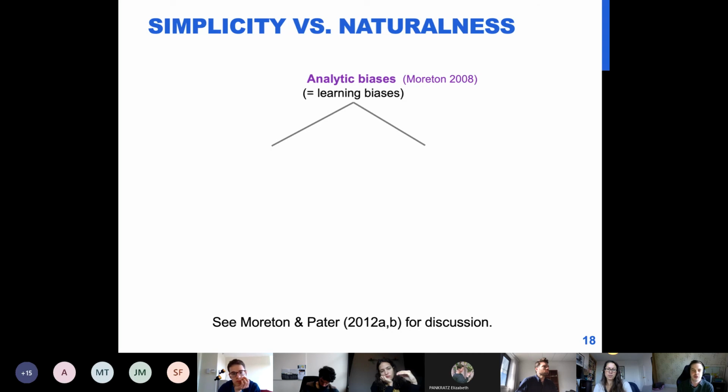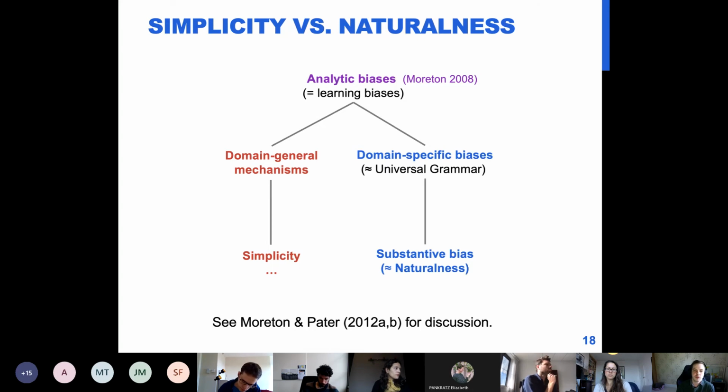That basically just means learning biases. And there are 2 big categories here. We can have domain general mechanisms. That would be the simplicity bias, and a lot of other things would fall under that category as well. And we would have domain specific biases, roughly similar to what people might think of as universal grammar, things that are specific to language.